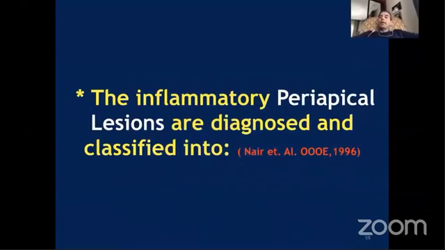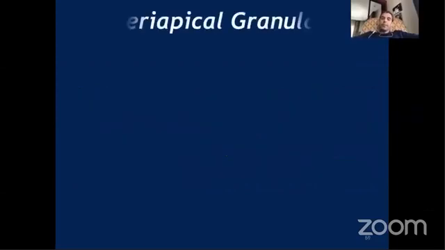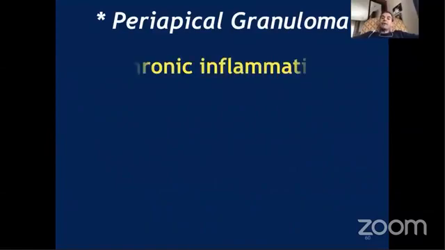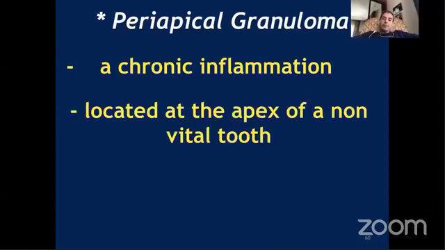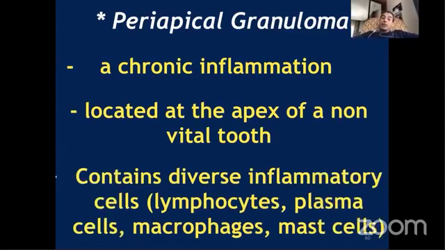You can see, according to Nair, the inflammatory periapical lesions are diagnosed into 3 categories. First, periapical granuloma. This periapical granuloma is a chronic inflammation located at the apex of a non-vital tooth, and it contains diverse inflammatory cells like lymphocytes, plasma cells, macrophages, and mast cells.